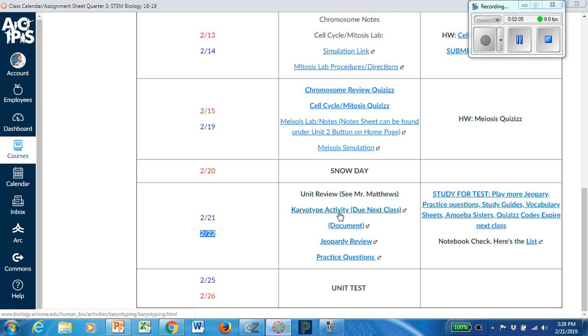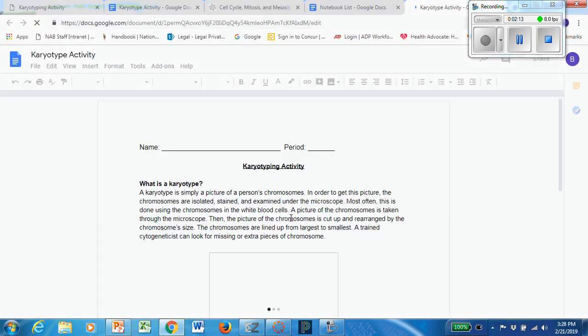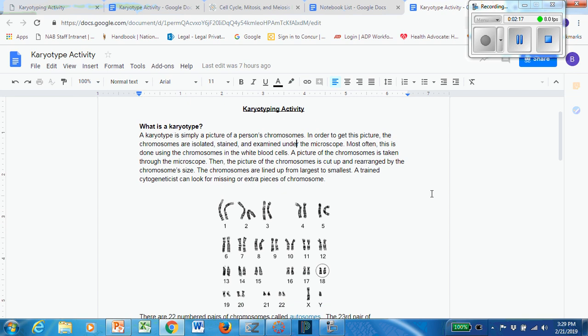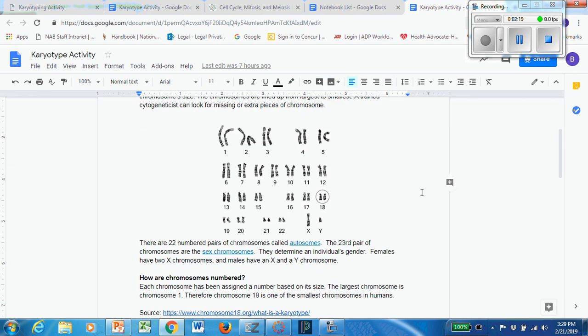The second thing is a karyotype activity. We took notes on karyotypes, and when you open up this document, you see that karyotypes are just a picture of someone's chromosomes. What we see right here is a picture of human chromosomes.